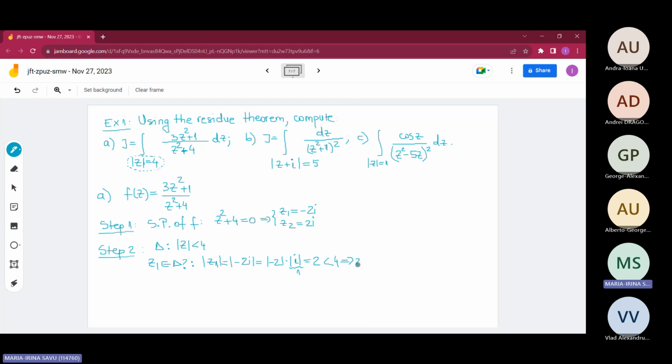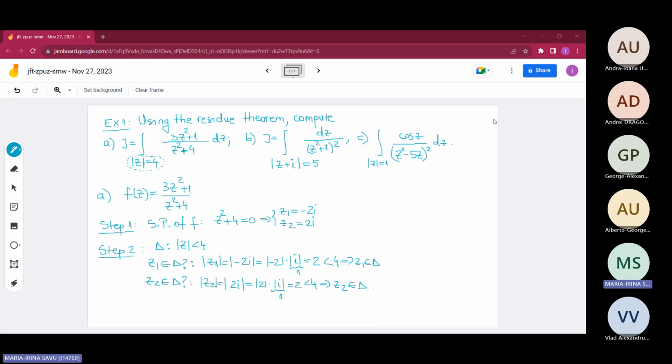So z1 is in delta. Now for z2, we compute the modulus of 2i, which is the modulus of 2 times the modulus of i, which is 1, so this is 2, which is less than 4. So z2 is also in delta.